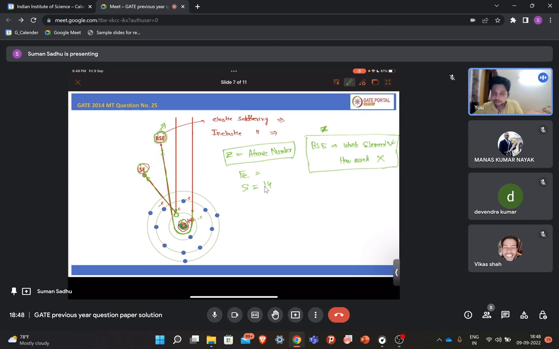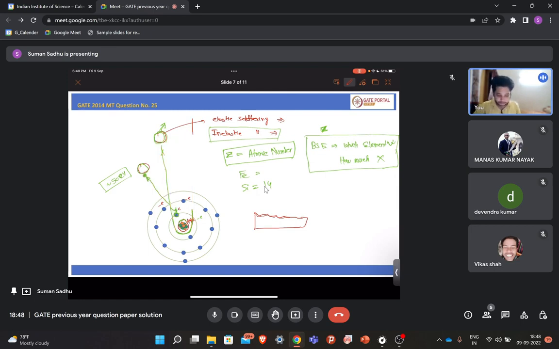It occurs because of inelastic scattering, and the energy of the secondary electron is very low, near about 50 electron volts. Its energy is very small, so it can only come out from very near the surface. Let's say this is the surface of the sample; only from a very thin layer of the surface can it come out. From the bulk it cannot come out.